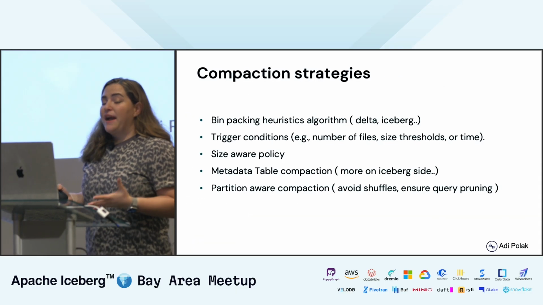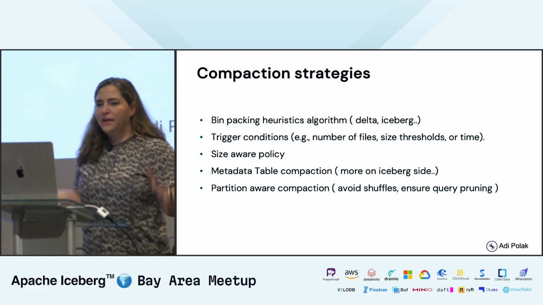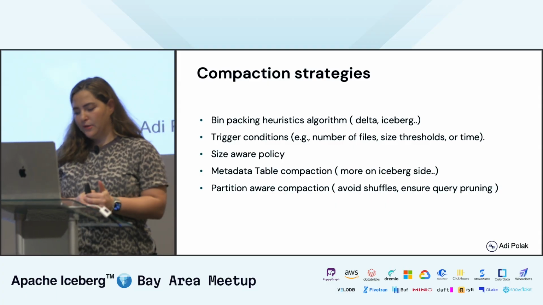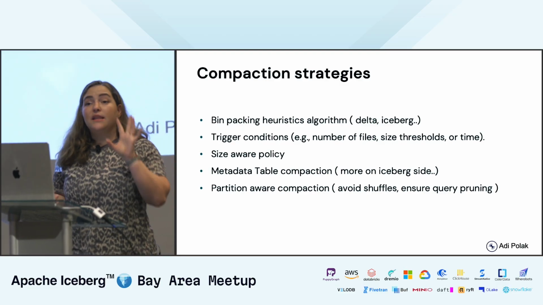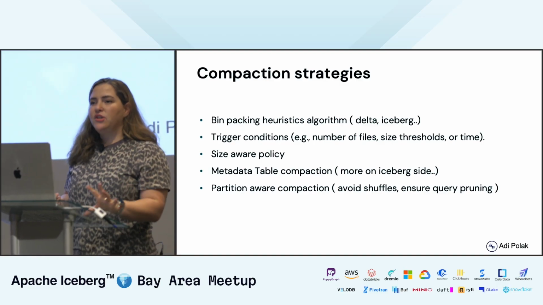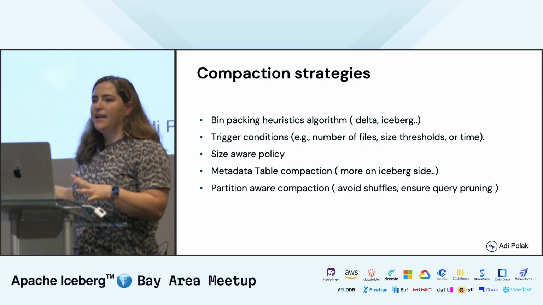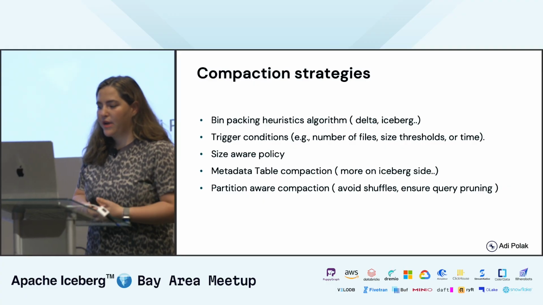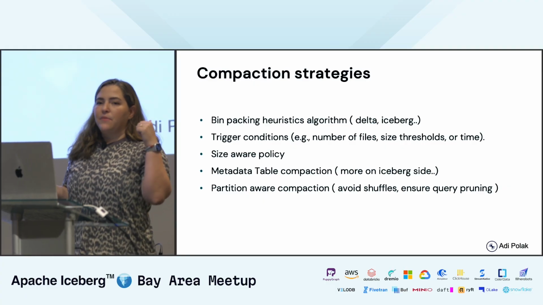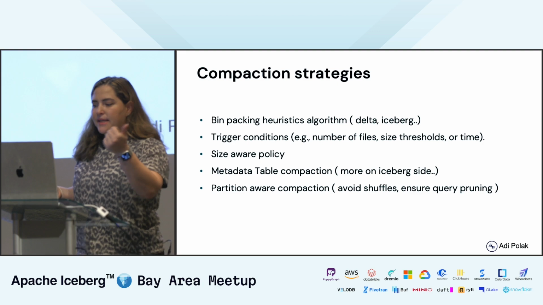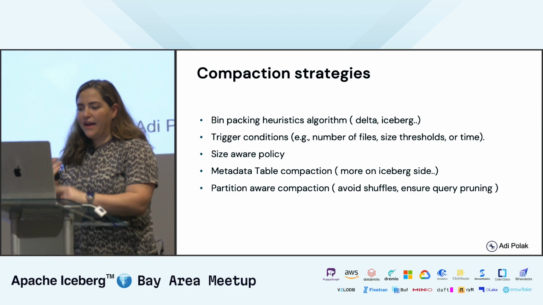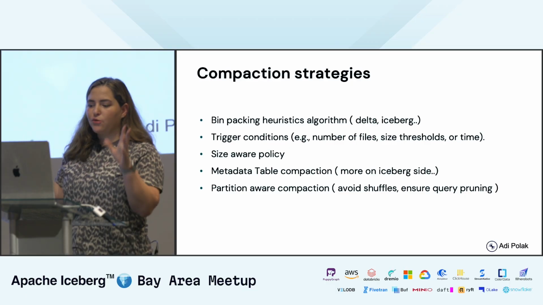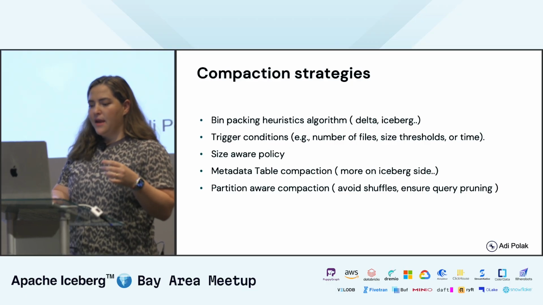So what are some of the compaction strategies that exist out there? A lot of people here talked about compactions throughout the day, and I want to share some thoughts and ideas. There are a lot of compaction strategies to go about taking all the data and making sure it's ready for analytics. Bin packing heuristics combine files efficiently and respect constraints like file size, partition boundaries, sort order, and other things.